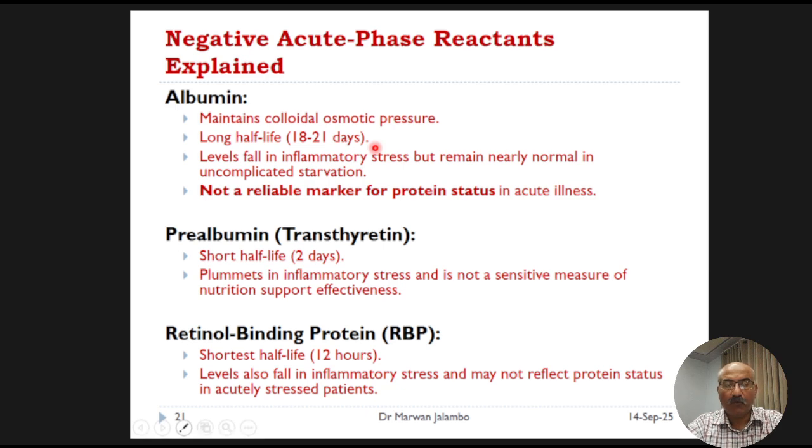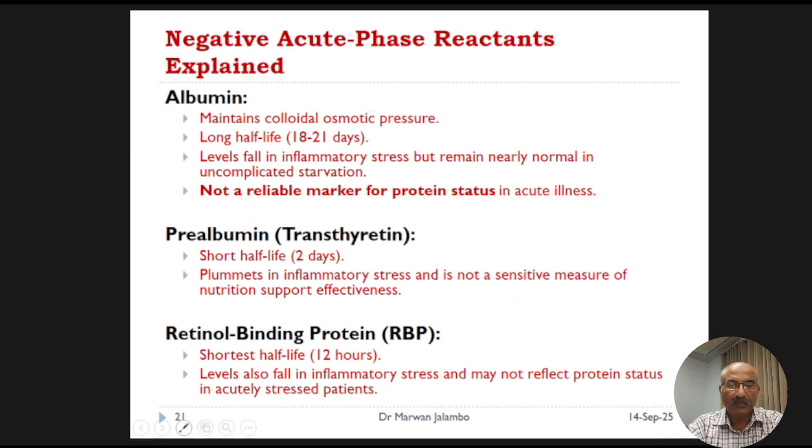Albumin levels fall not because of malnutrition, but because the liver stops making it and it shifts into the interstitial space. For this reason, it is not a reliable marker of protein status in acutely ill patients.